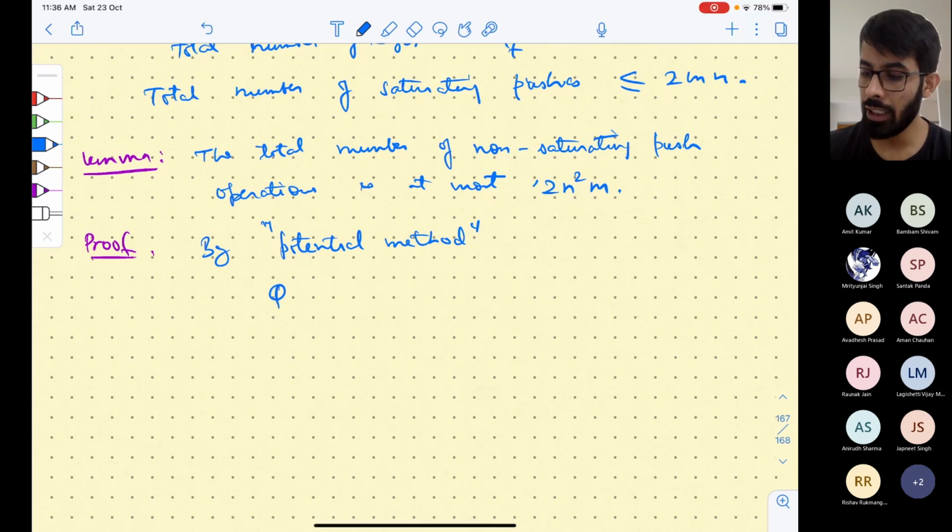So what is the potential that we are going to define? The potential we are going to define on f and h is equal to the sum of the heights of v such that their excess is non-zero, that is, they have positive excess.